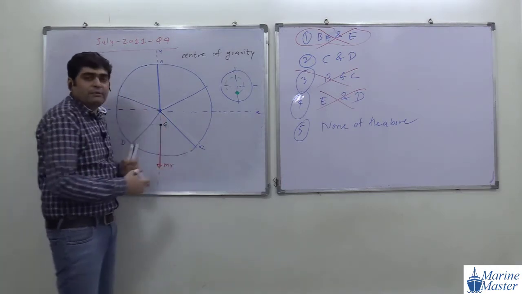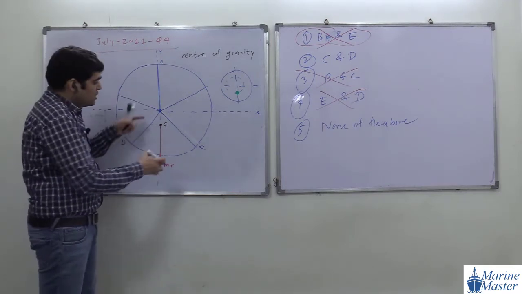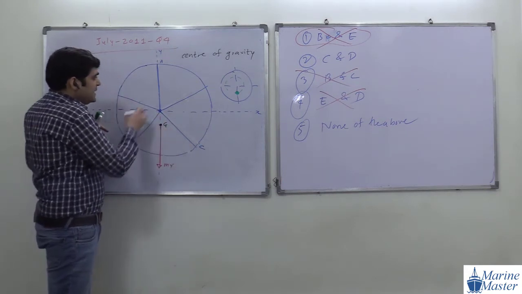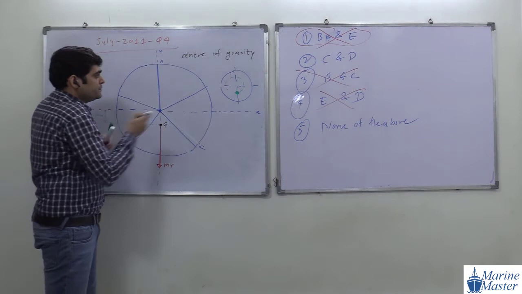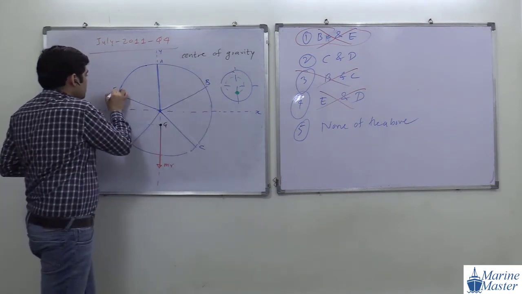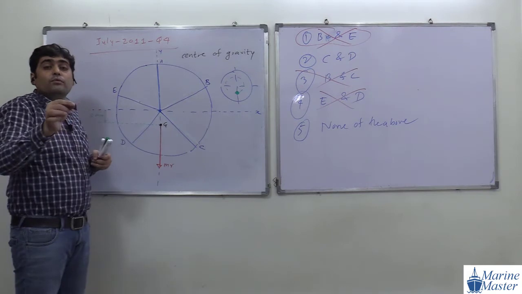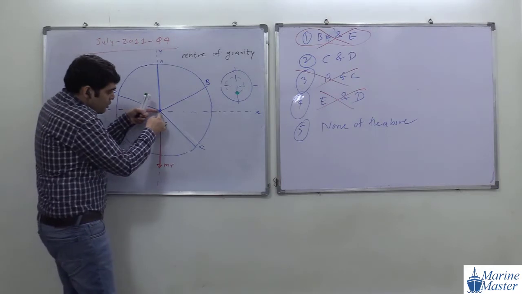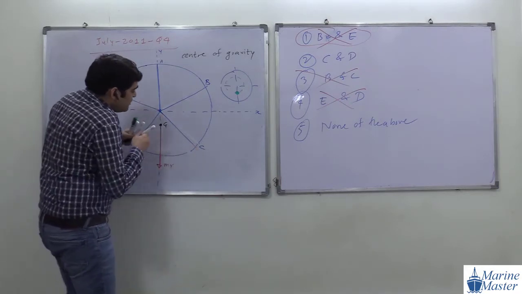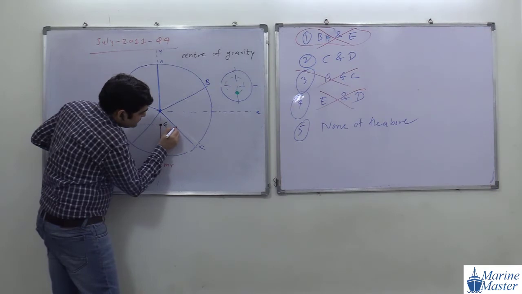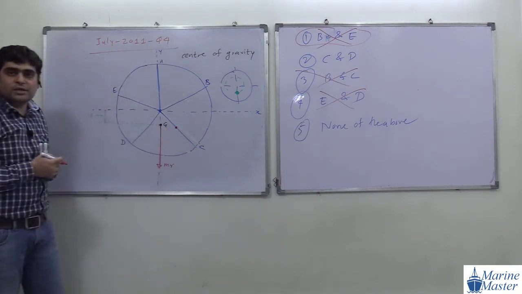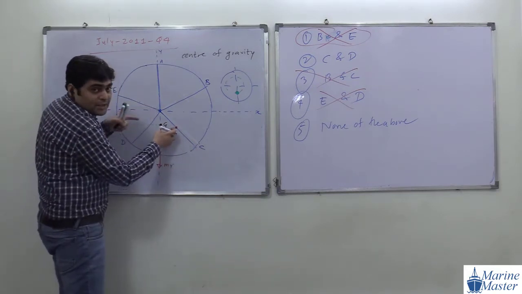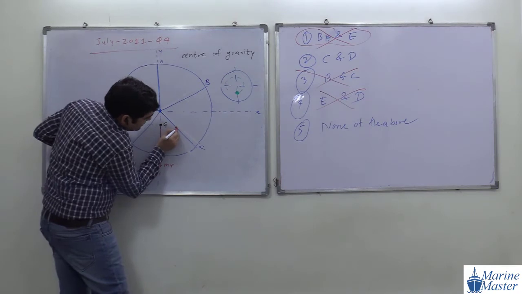So the length of each vein is 0.4 meter. Correct, very good. All veins, C, D, A, are 0.4 meter long, and we are removing material evenly. So our centrifugal force will act exactly at the center, at half of 0.4. How will it act?